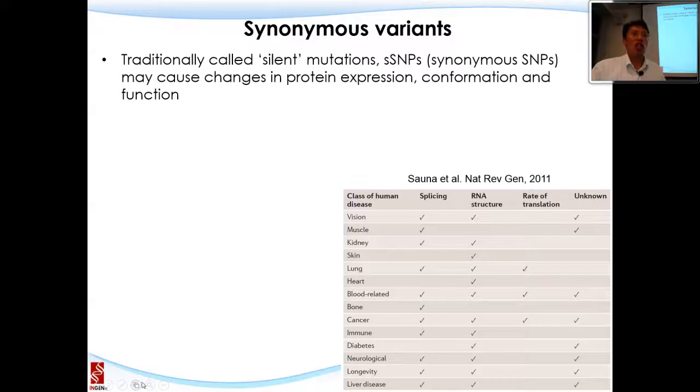Rather, they will change the regulation of these genes by altering their gene expression levels, their RNA degradation, or their splicing patterns. I will briefly go through examples of this type of variant so we can see how that will help us search for the functional genetic variants.